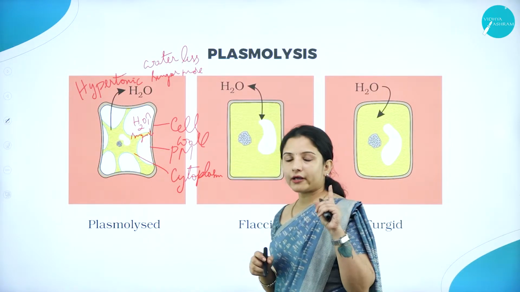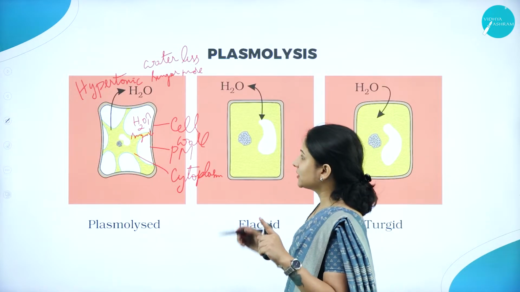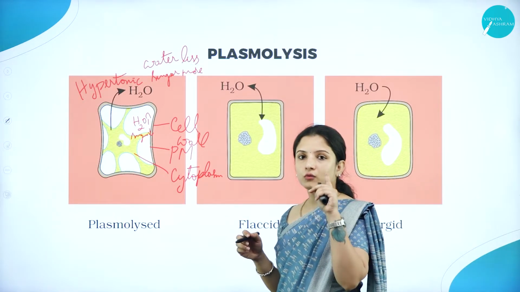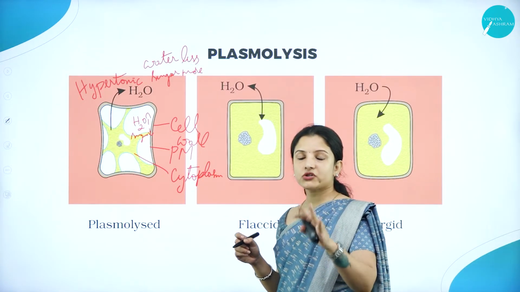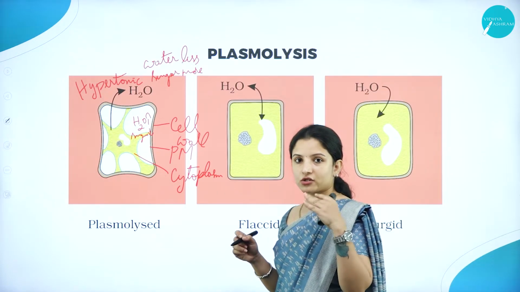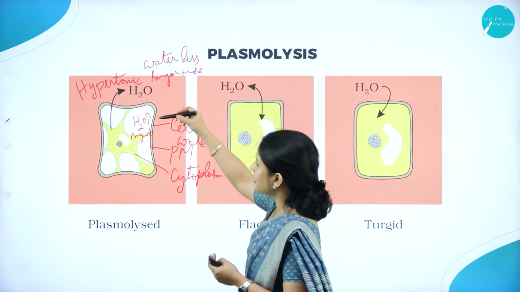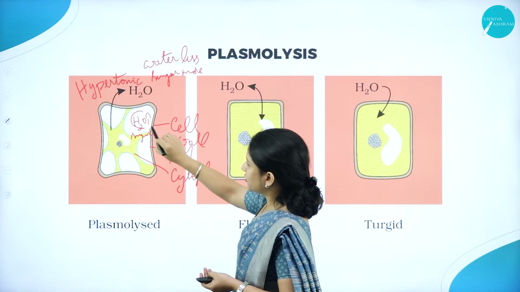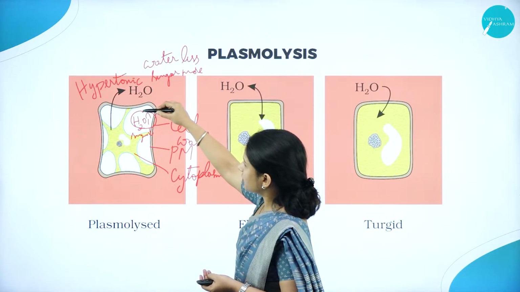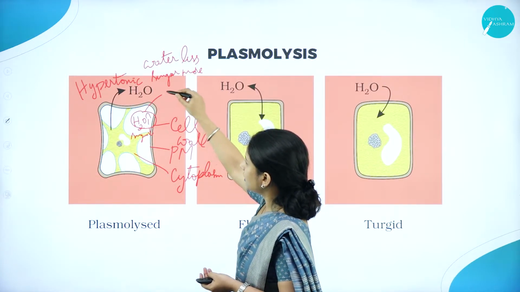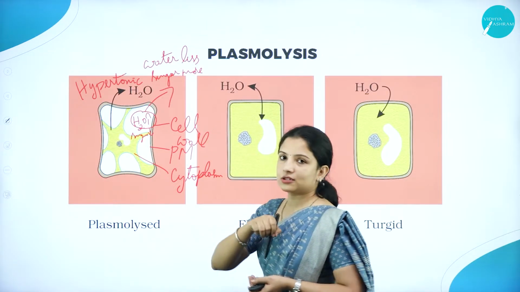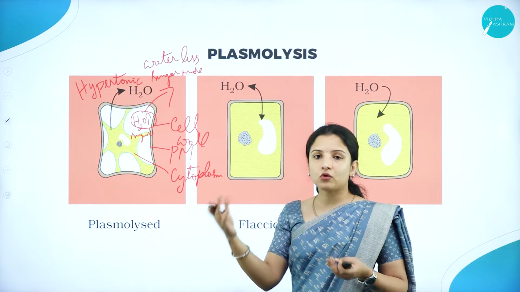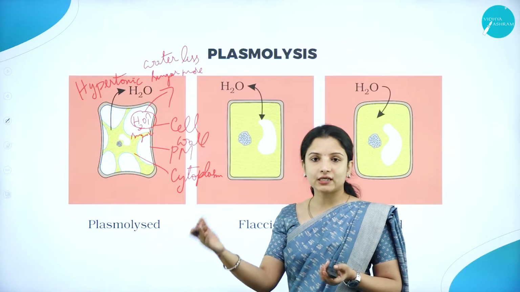According to the theory, there is movement of water molecules from the region of higher concentration to the region of lower concentration. Therefore, where the water molecules are more, they will move to the region of lower concentration. So what happens when the water molecules move out of the cell to the external medium?